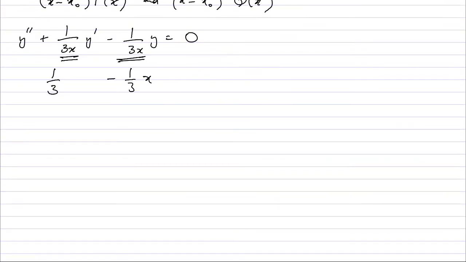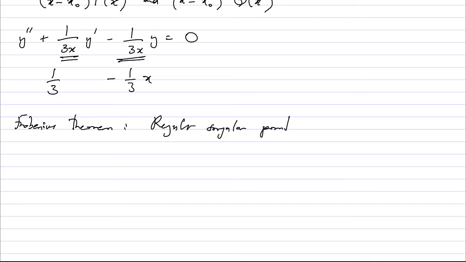So the Frobenius theorem then says, for regular singular points, that if you have a regular singular point at x naught, you can find your solution to your differential equation about x naught. You can find at least one solution of this form.